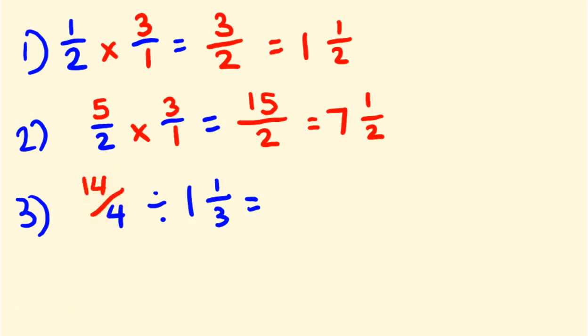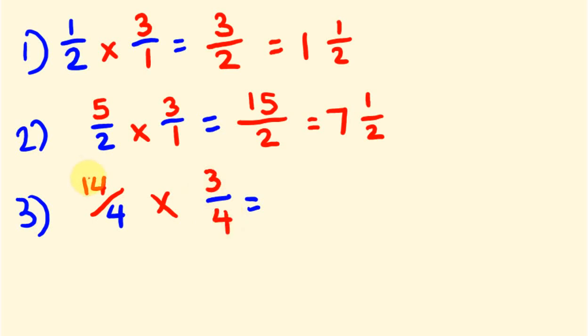And this one here, 1 times 3 is 3, plus 1 is 4, so it's going to become a 4. Then I'm going to have to turn these guys upside down and change that to a times. So let me do that. I'm going to change this to a times. And I'm going to turn these guys upside down here. So the 4 is going to go on the bottom, and the 3 is going to go up the top. 3 up the top, 4 at the bottom. Let's work on this now.